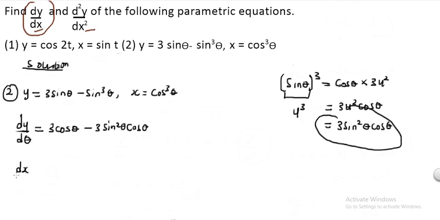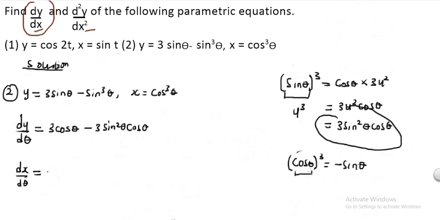Our dx/dθ is equal to, if you want to differentiate this, it's the same thing, cos theta inside the bracket and then cubed outside of it. First, you differentiate the cos theta by itself, it becomes minus sin theta, and then you differentiate the whole bracket.